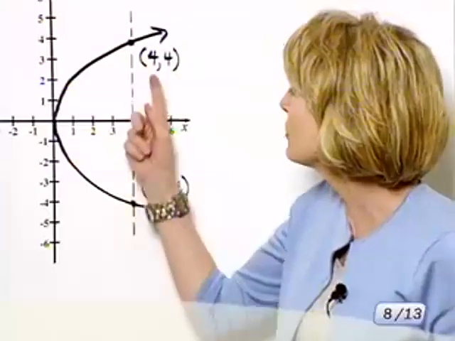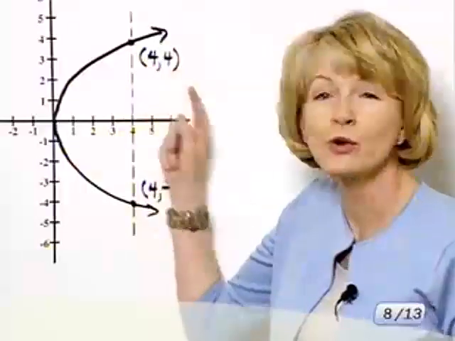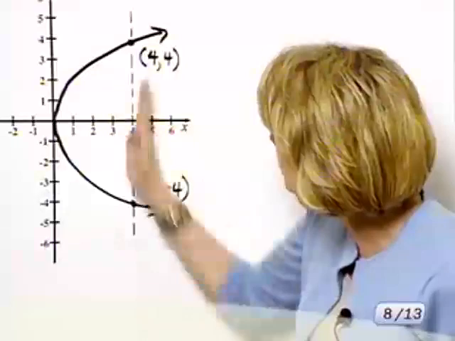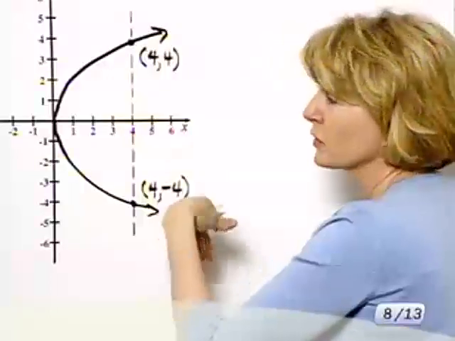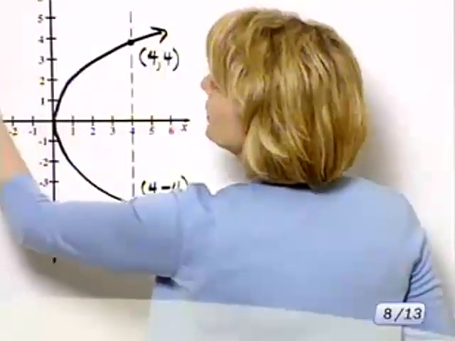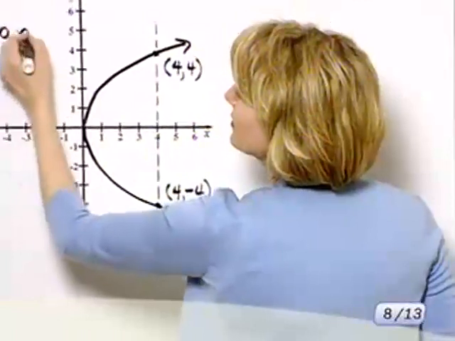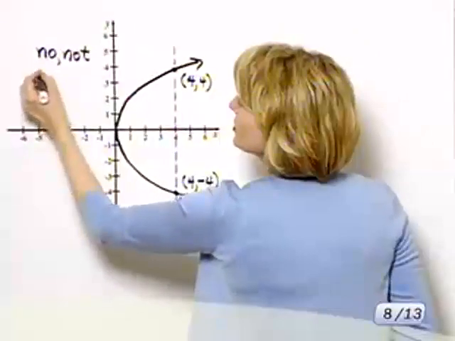Remember, a set of ordered pairs is a function if every x value is assigned or paired with exactly one y value. So this negates the definition of a function, and of course the same thing with the vertical line test, no, we do not have a function.